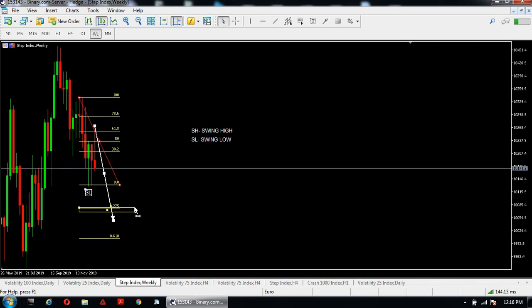I'll consider first and foremost the 0.275 area as my first take profit, and if price breaks, then I know for sure price will head next for the 0.618 area.